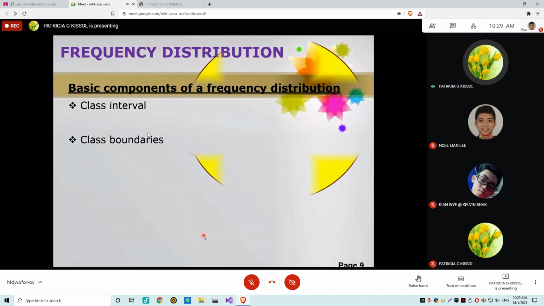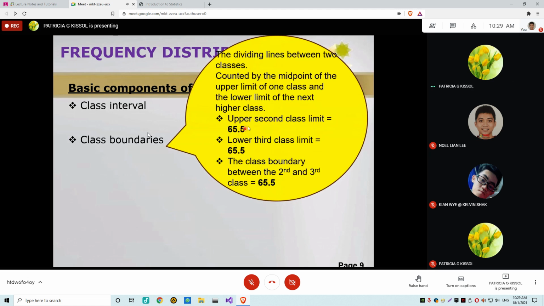Class boundaries, you can see here. Upper second class limit, 65.5. So the lower third class limit is 65.5. Therefore, the class boundary between second and third is 65.5.